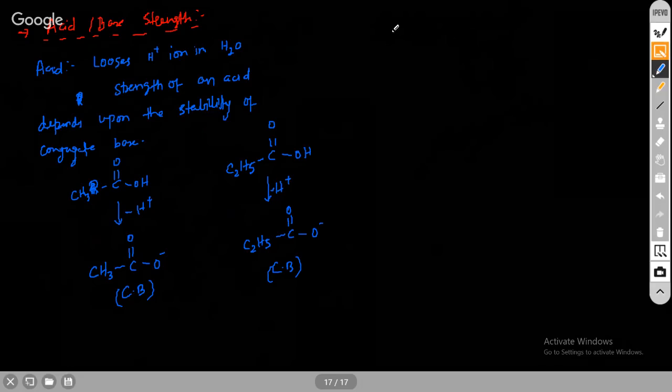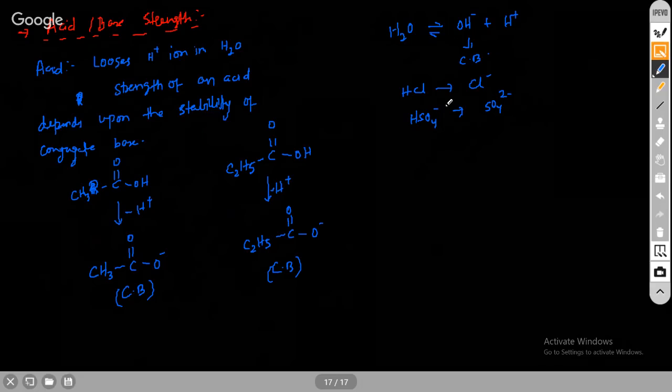Any acid you have, suppose we have H2O. When it loses H plus, it forms OH minus and H plus. So OH minus is the conjugate base of H2O. If you have HCl, its conjugate base is Cl minus. We have HSO4 minus. Its conjugate base is SO4 2 minus.